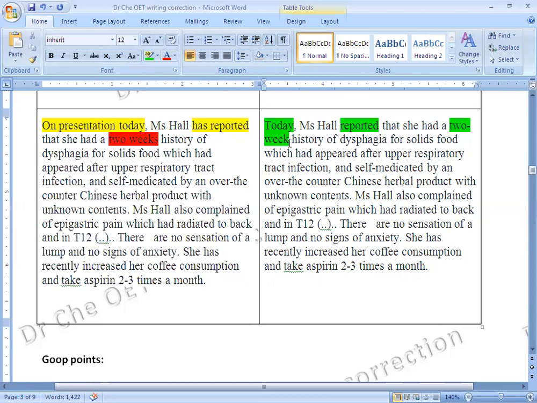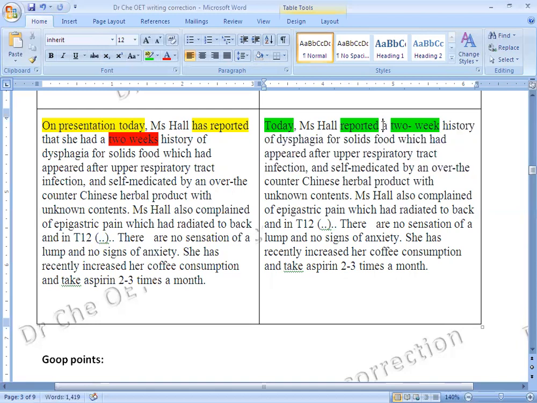So instead of she reported that she had a 2 week history of, we can simply write she reported a 2 week history of. It looks better. Today Miss Hall reported a 2 week history of dysphagia for solids.